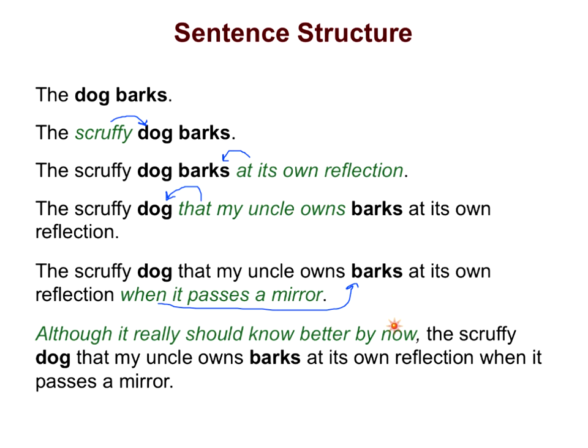And subordinate clauses are typically referring to the entire main clause. So clause is a fancy word for a sentence, by the way, guys. It just means something that has a subject and a verb. Subordinate clauses are typically referring to the entire main clause. It's not just that the dog should know better by now, although that's what this is saying with the it right here. It really should know better by now that it shouldn't bark at its own reflection. So it's referring to this whole thing that's going on here.